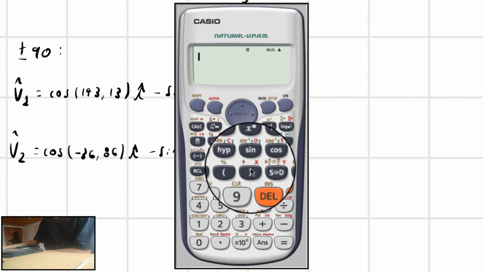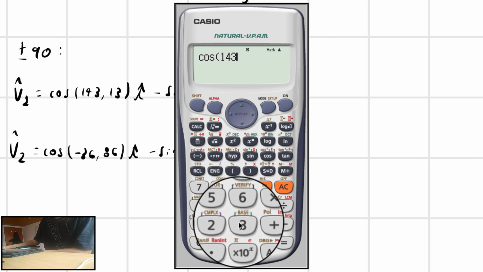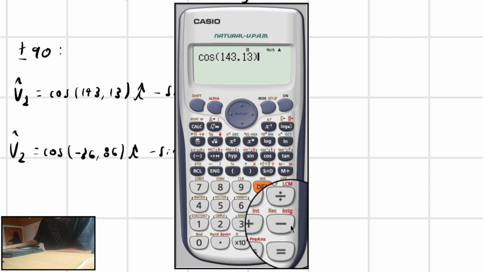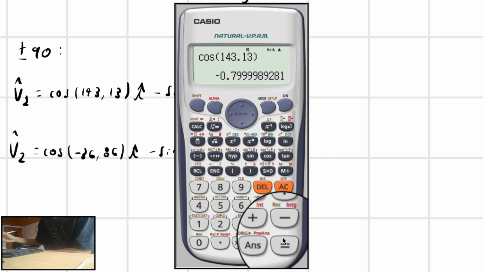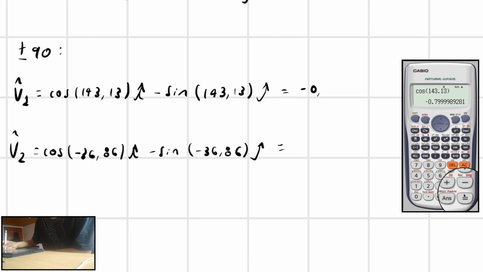So this is going to be equal to the cosine of 143.13, and that means that this is equal to minus 0.8. I can approximate this number to 0.8.